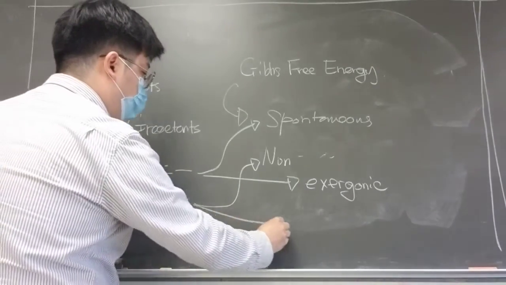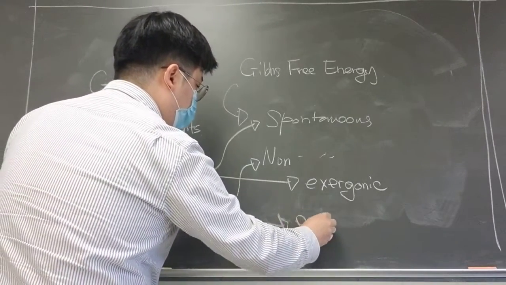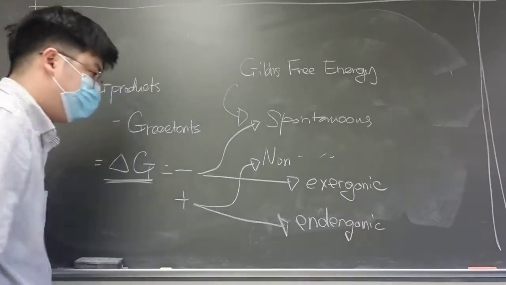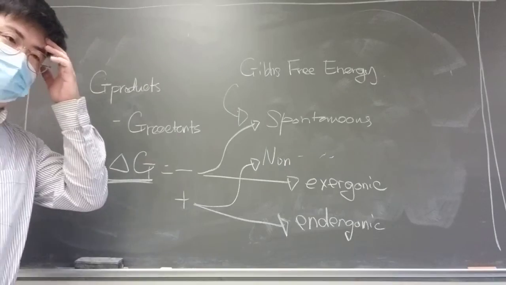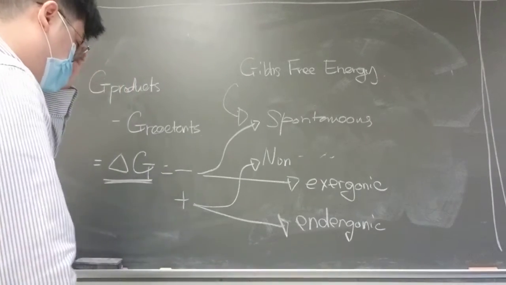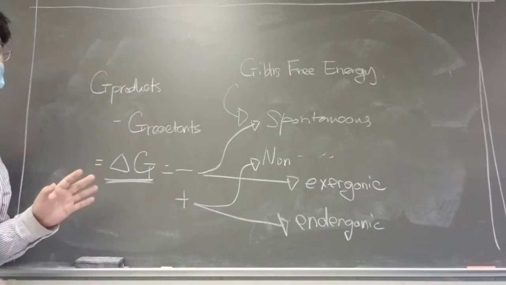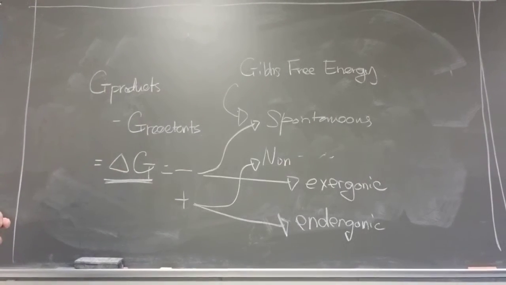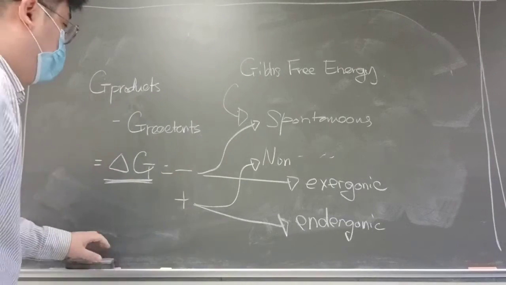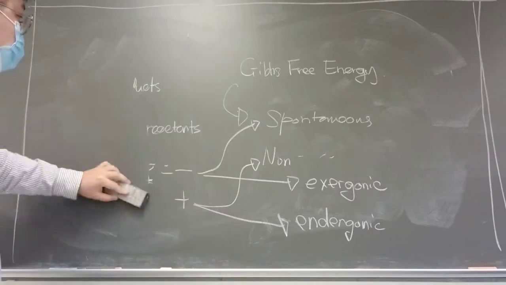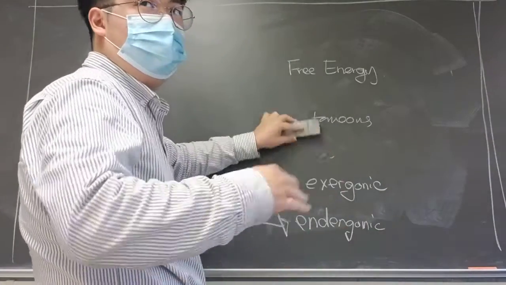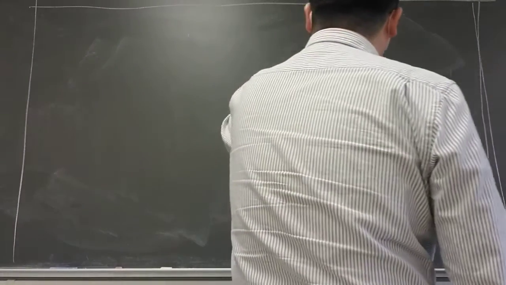When it's positive, we're going to call this endergonic reactions. Those are the terms you may want to be familiar with later this semester, because this is what governs which direction the reaction favors to proceed. So so far so good, right? Okay, this is pretty good enough for the thermodynamics part of your chapter 6.